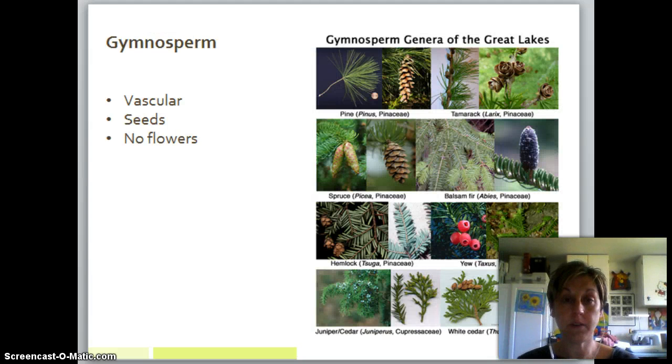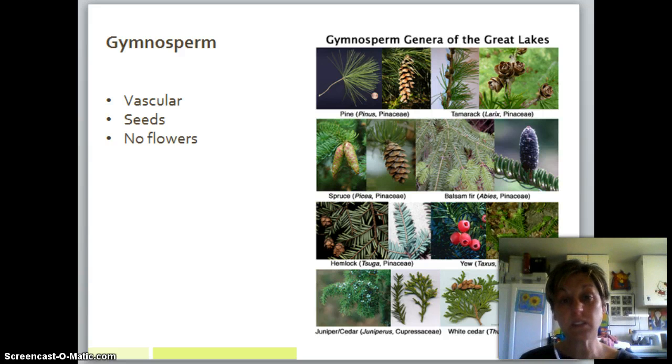Then we have gymnosperms, which are also vascular plants. Gymnosperms have seeds, but they don't have flowers. So they include our evergreen trees, trees that produce pine cones. Some of you might even have some of these evergreen bushes that have the little red berries on them. Their seeds come in the form mostly of pine cones or those little red fruits.